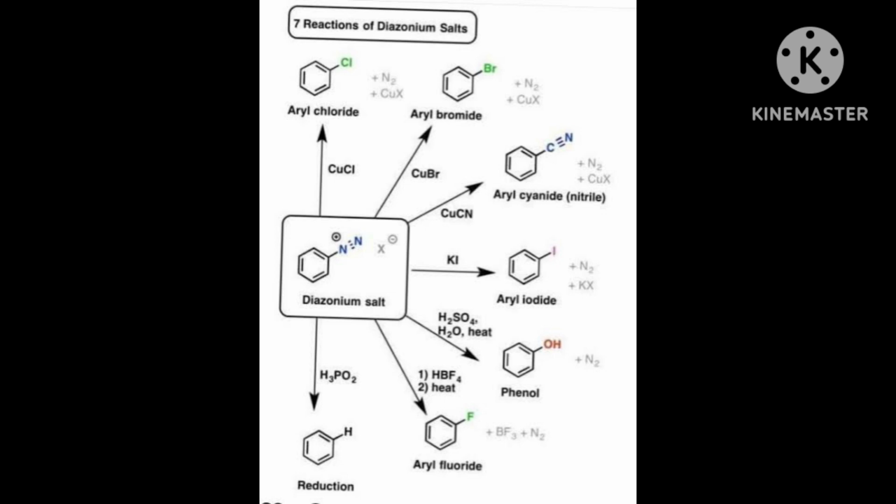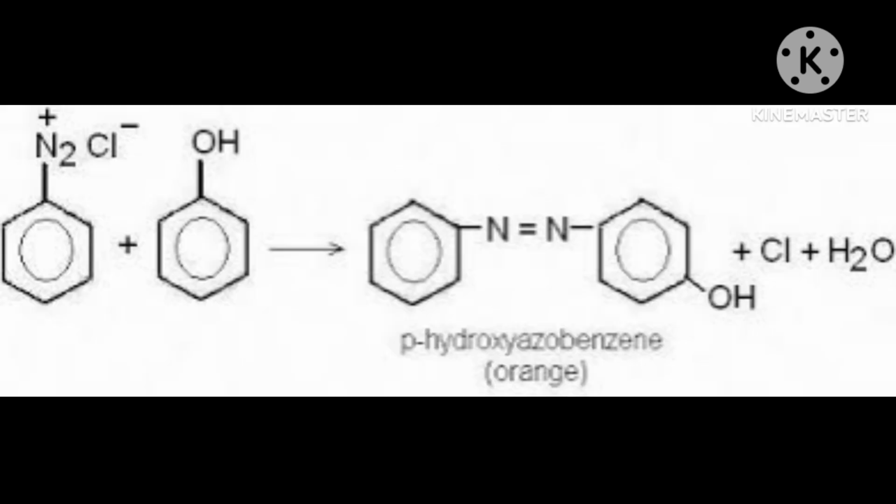This reaction is very, very important. Again you listen. Benzene diazonium chloride reacts with phenol, in which the phenol molecule at its para position is coupled with diazonium salt.